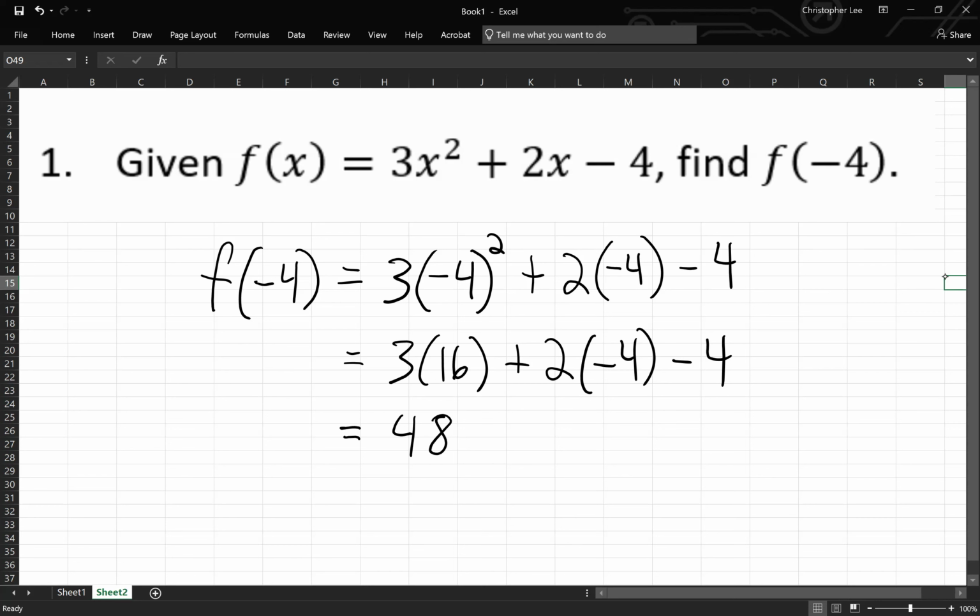A little bit harder. What's 2 times negative 4? Negative 8. Now we're talking. And then minus 4. And then you can just go left to right. 48 minus 8, that's about 40. Minus 4. That's going to give me 36.